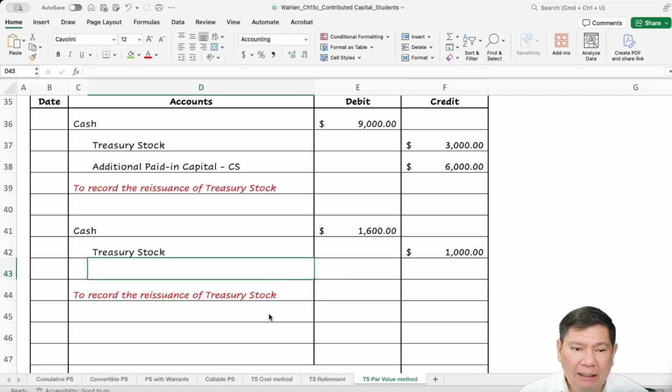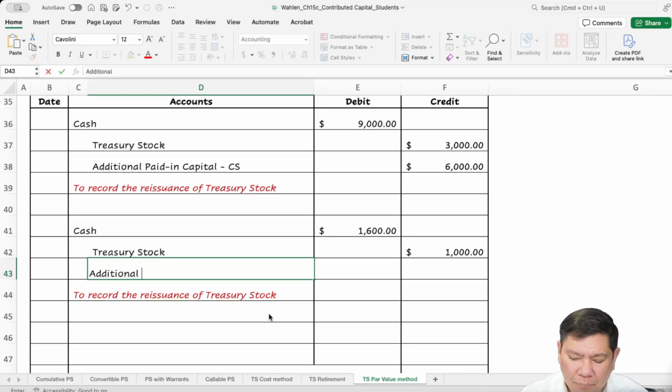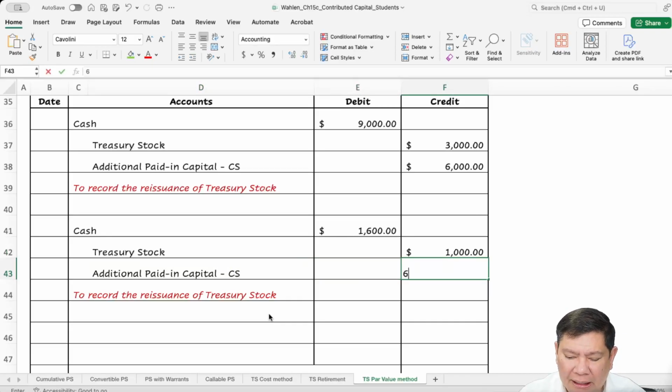So the difference again will be additional paid-in capital from common stock for $600.